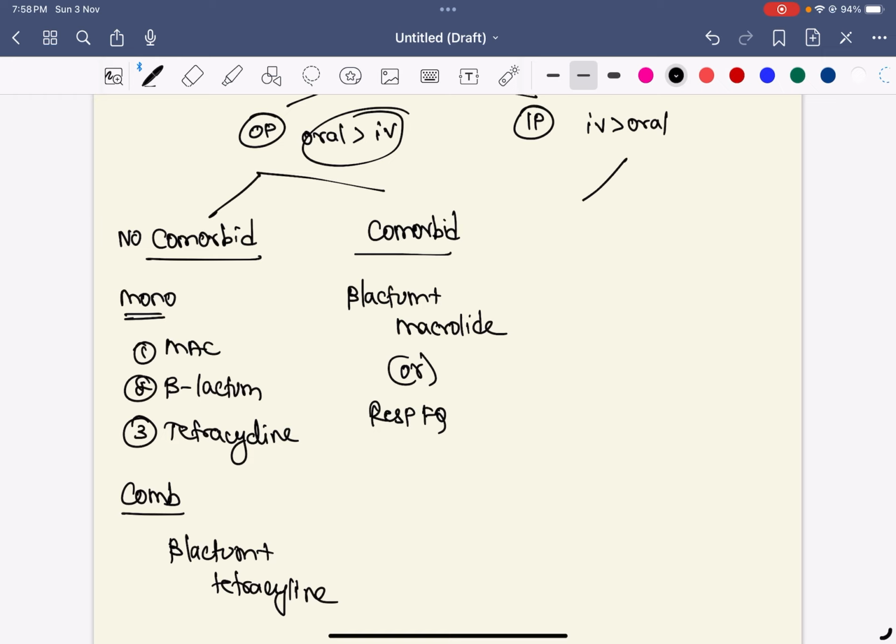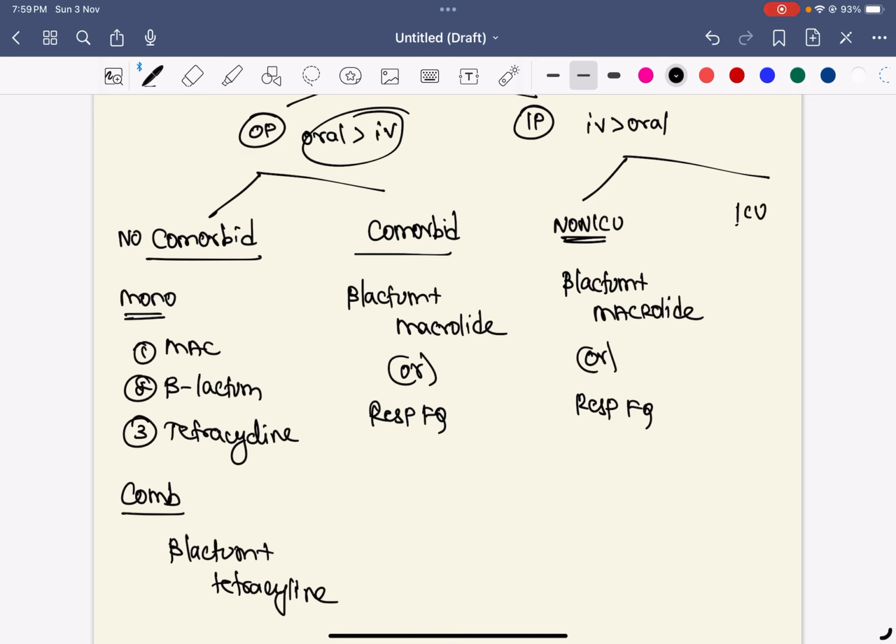If the patient is in IP treatment but is a non-ICU candidate, then copy the same treatment, beta-lactam plus macrolide, but here you can give IV therapy rather than oral. Beta-lactam IV and macrolide oral you can give to the patient, or any respiratory fluoroquinolone like levofloxacin IV can be given to the patient.